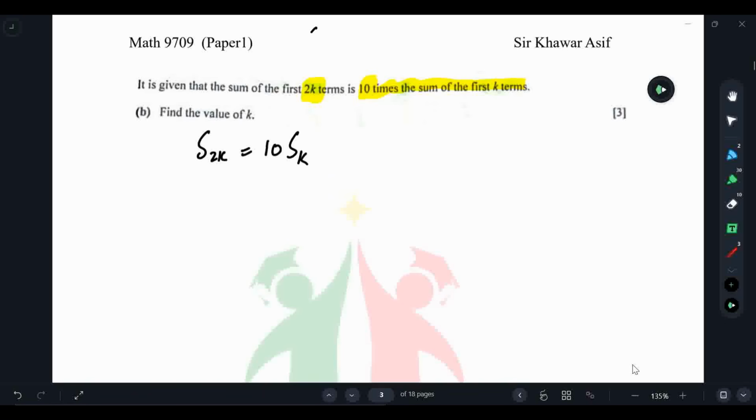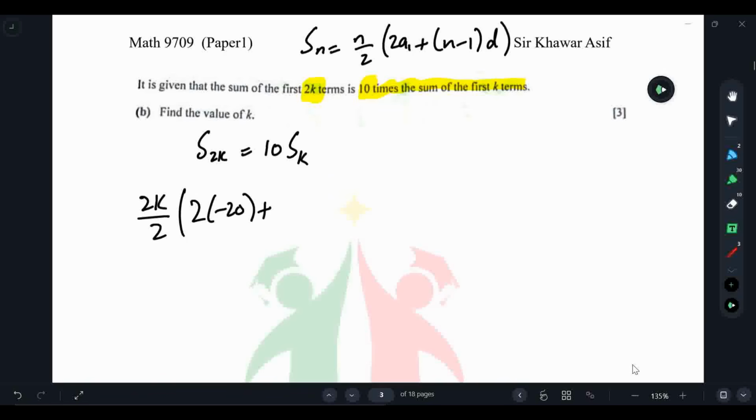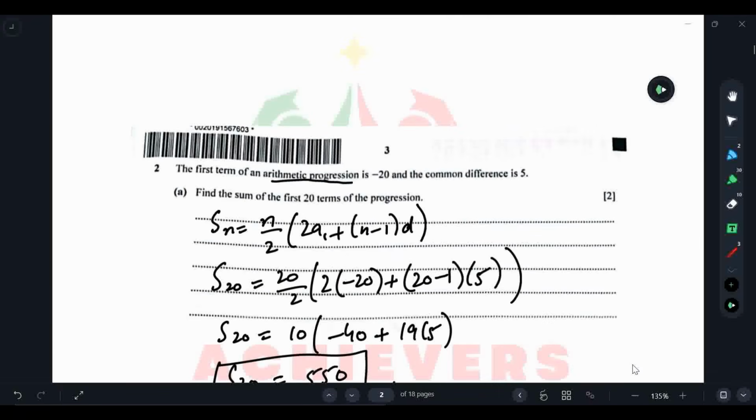So formula is n by 2 into 2a1 plus n minus 1 into d. For the left hand side the n is 2k. So 2k divided by 2 into 2a1. Now a1 was minus 20 plus n minus 1 into d, which means 2k minus 1 into d. d was 5 previously. We can see from here that the difference was 5.